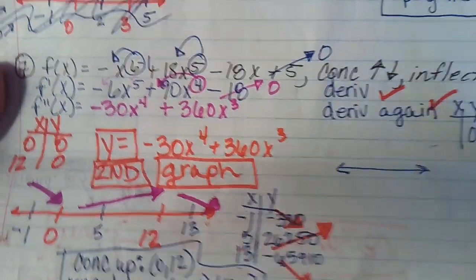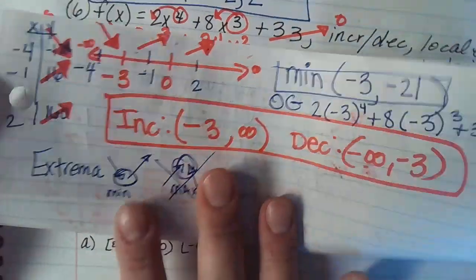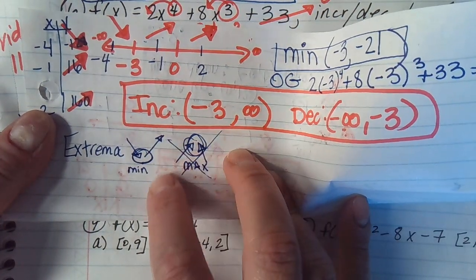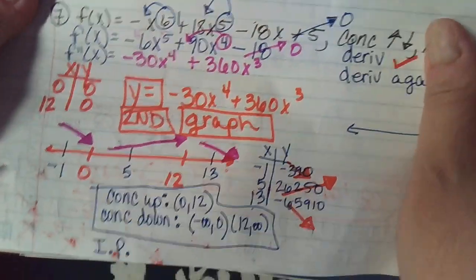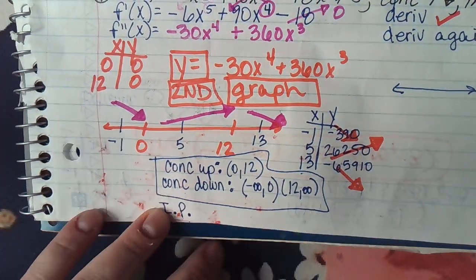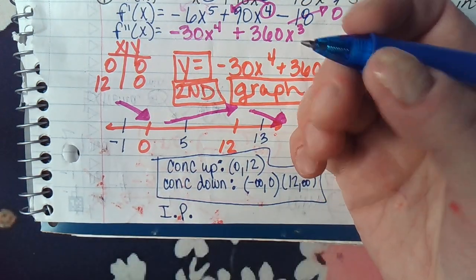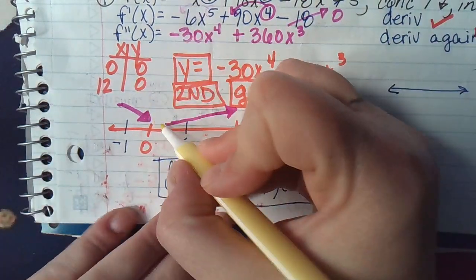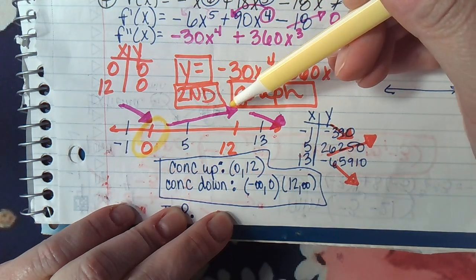Inflection points are kind of like the maximum and minima from the page before, or from the example before, where minimum is at the bottom of a valley, maximum is at the top of a mountain. Inflection points happen when the arrows change direction. So, we have an inflection point here at 0 because our arrow goes from down to up.